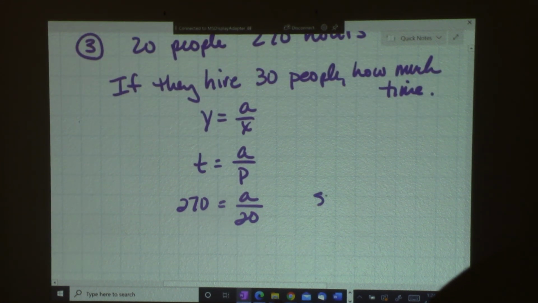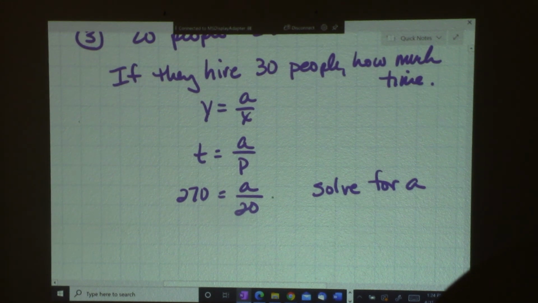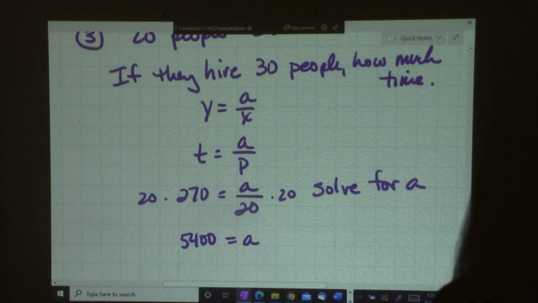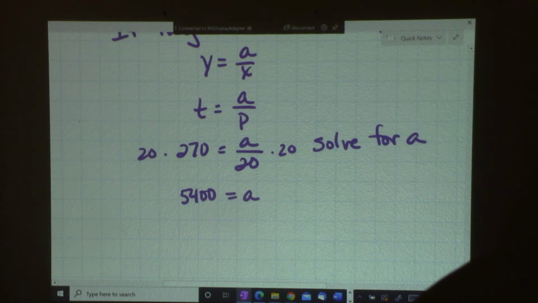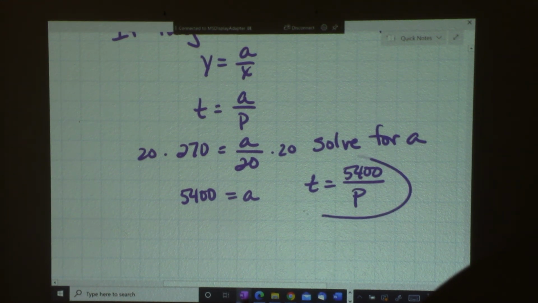So I'm going to solve for a, and I get 5,400. I'm going really fast with this because I'm assuming you've already tried it, and I'm hoping you have an answer. Okay, so my formula is then going to be T equals 5,400 over P. So that's my equation.